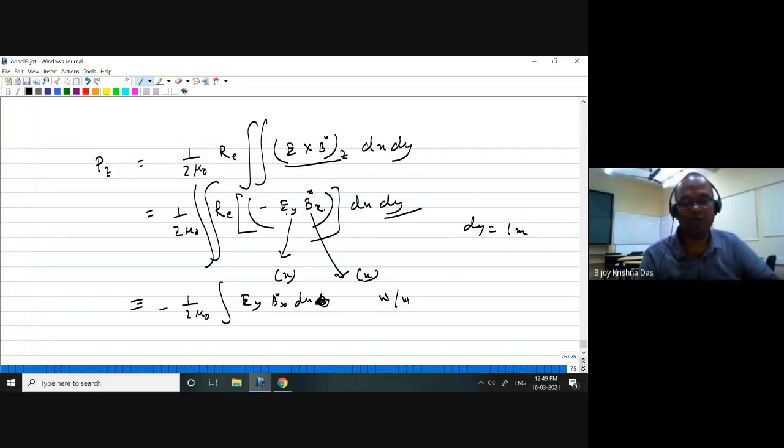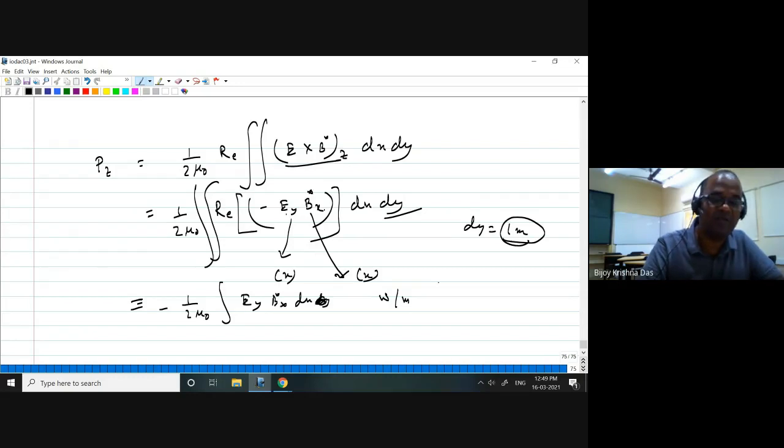You know why watt per meter? Because in the Y direction I just consider 1 meter. If it is 5 meter, just multiply: 5 watt, 10 watt, and so on.